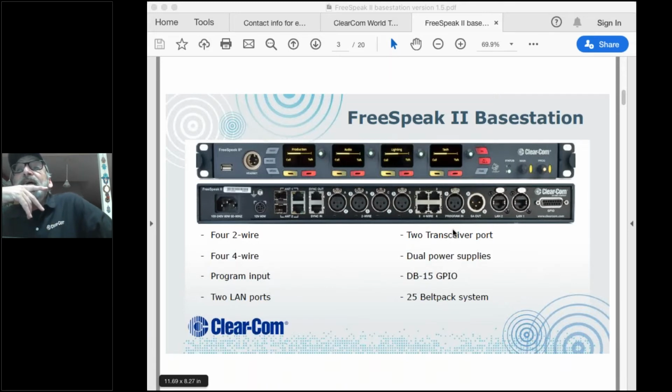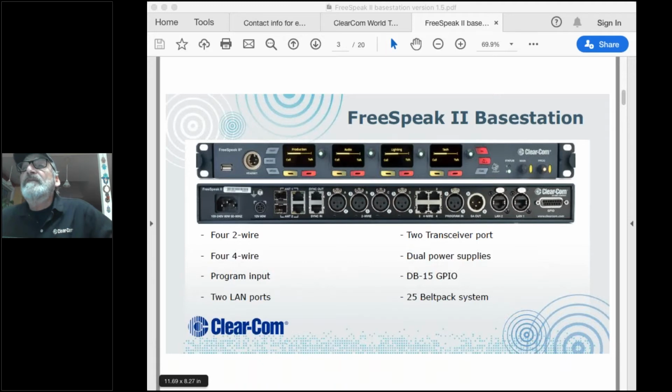By the way, if I'm not using my 4-wire ports to connect to and from another hardwired system, I could also use those 4 ports to bring 4 more program audio sources in. Or if I wanted to, I could also come out of those with, let's say, extra stage announce outputs to, let's say, PA zones.